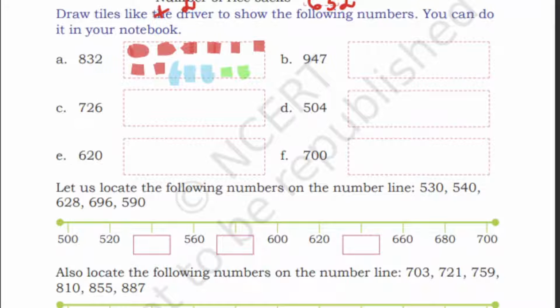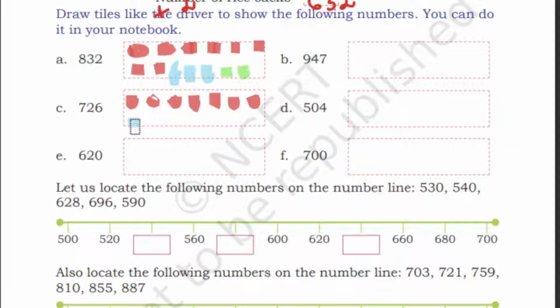So again we will do. So 1, 2, 3, 4, 5, 6, 7. So hundreds completed. Then we'll go for tens.